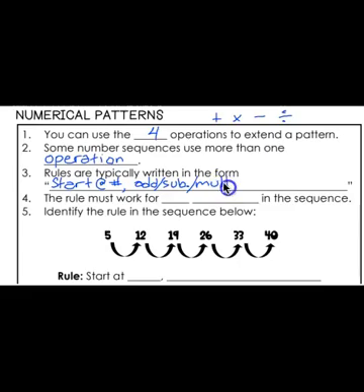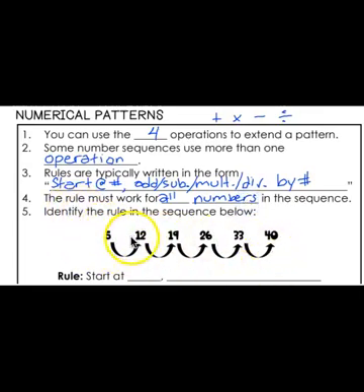Multiply, divide by another number. That's a little confusing. Trust me on this one. And the rule must work for all numbers in the sequence. You'll understand that a little more when we get into it below. All numbers in the sequence, such as this down here.